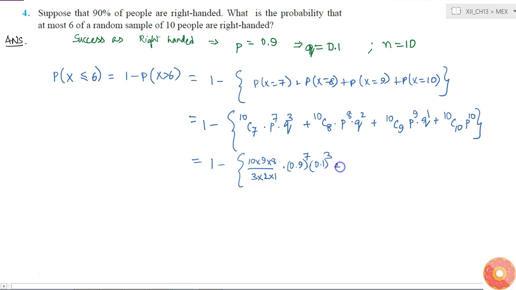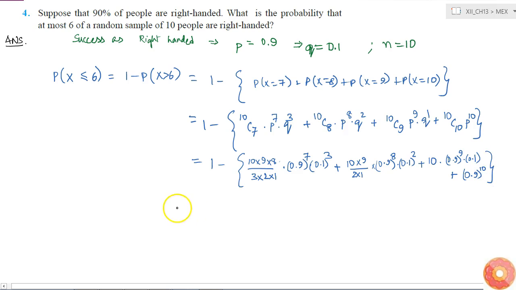Plus 10C8 is 10 into 9 by 2 into 1, into 0.9 to the power 8 into 0.1 square, plus 10C9 is 10 into 0.9 to the power 9 into 0.1, plus 10C10 is 1 and p to the power 10 is 0.9 to the power 10.